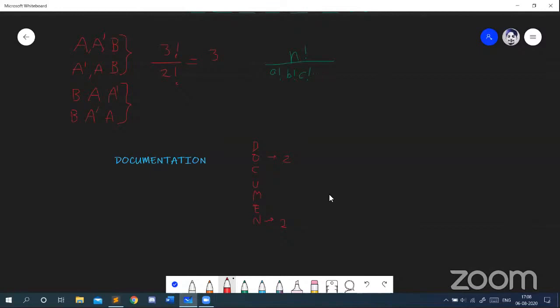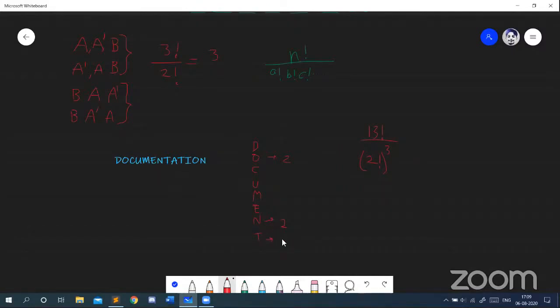Okay, you all got the answer. Yes, it's 13 factorial over 2 factorial, 2 factorial, 2 factorial, which is just 13 factorial over 2 factorial cubed, right? But just to be clear, let me just write it down anyway.